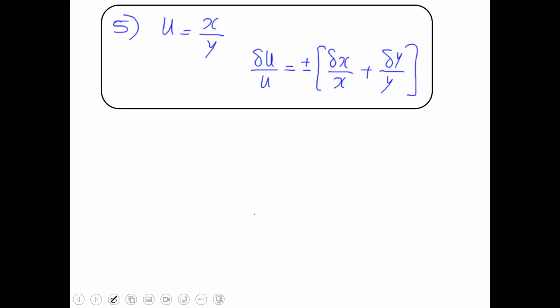Okay, now formula number 5. It's a division. The rule is very similar, same as the product rule. When two functions are in division, their uncertainties are in fractions and we add them. Now you have to copy this screen.